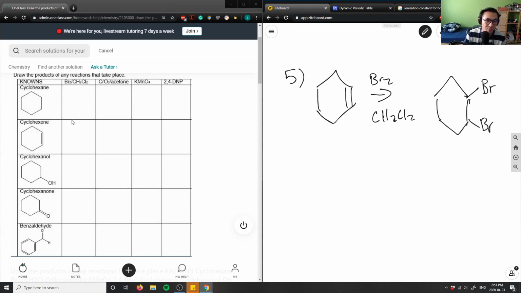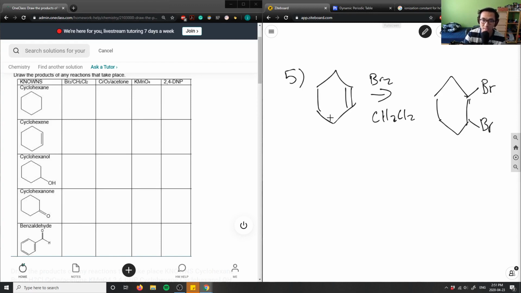CrO3 and KMnO4 would be oxidation reactions, but I don't have an alcohol group here. With 2,4-DNP, I don't have a carbonyl group, so I won't get a reaction.